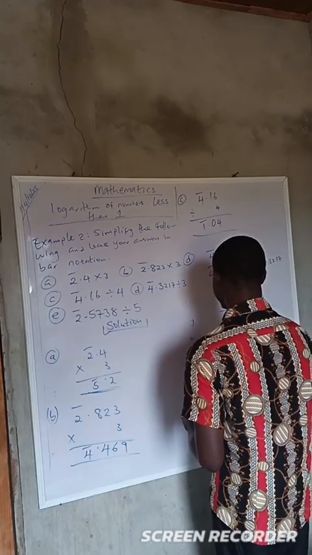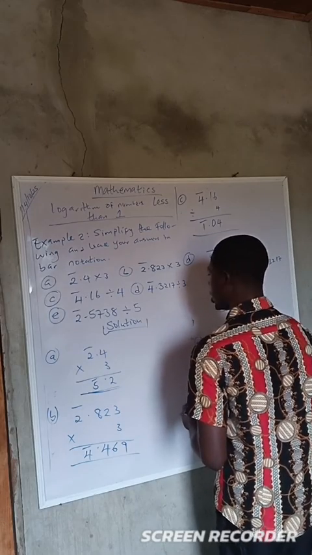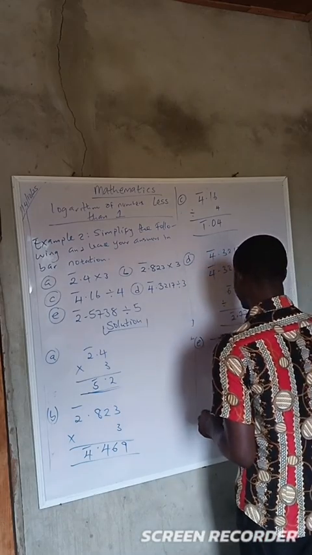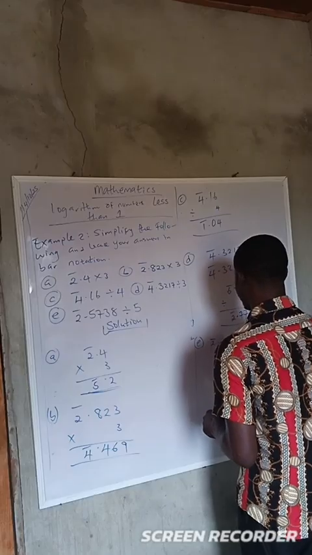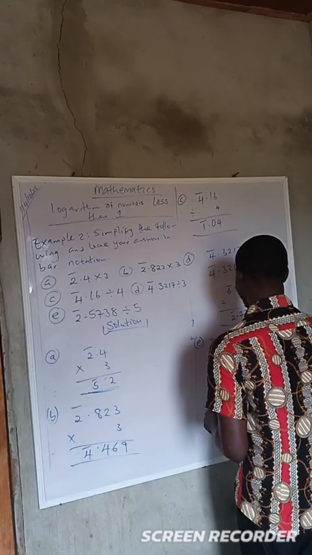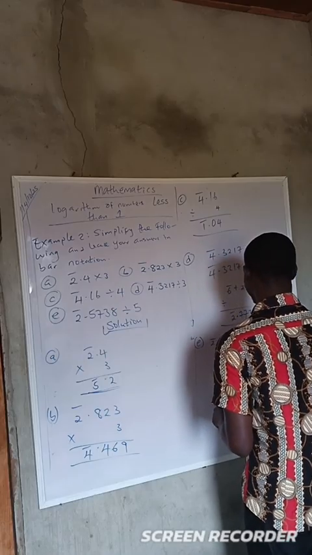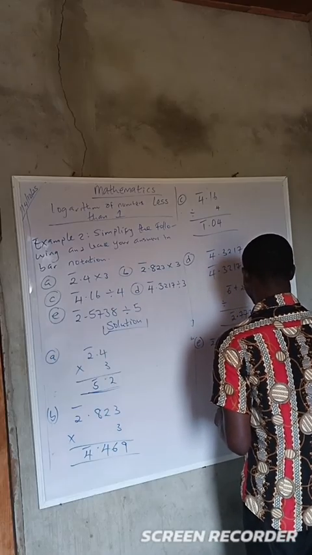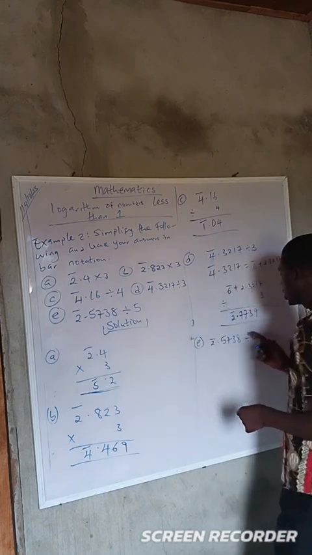We have E. We have bar 2.5738 divided by 5. Now, this 2 is not divisible by 5.